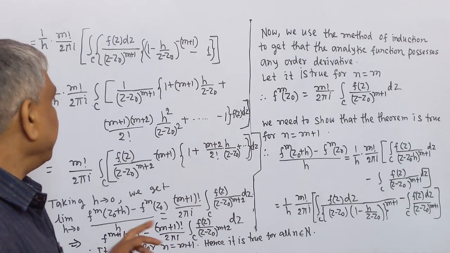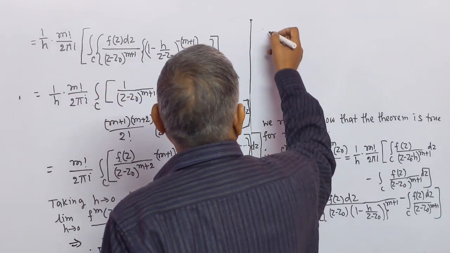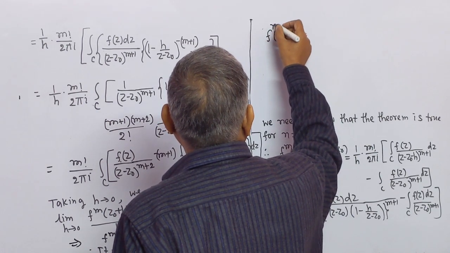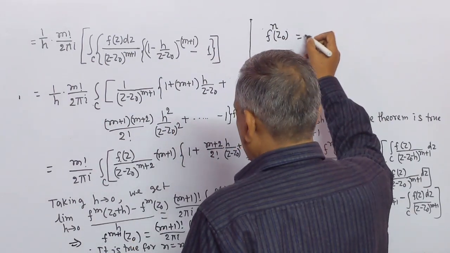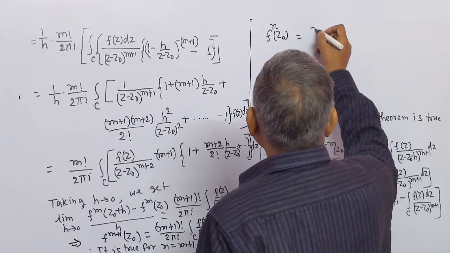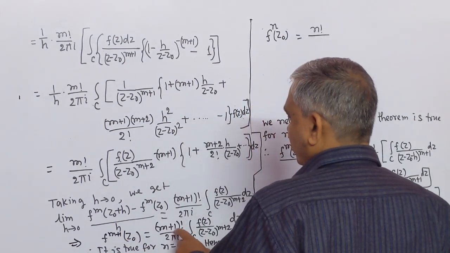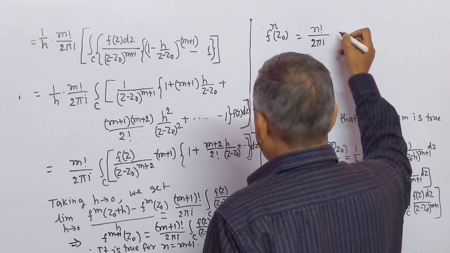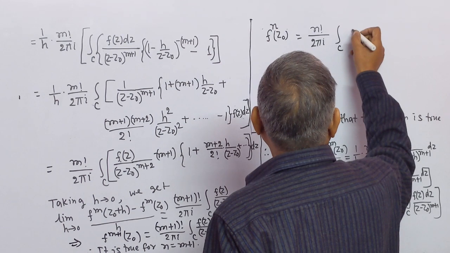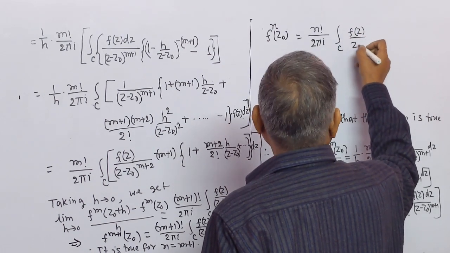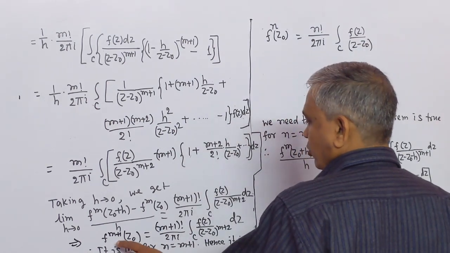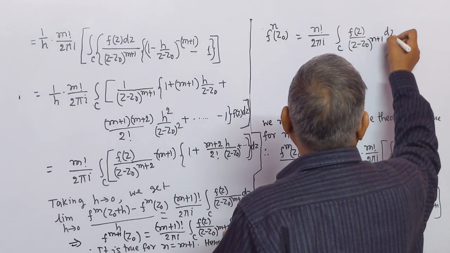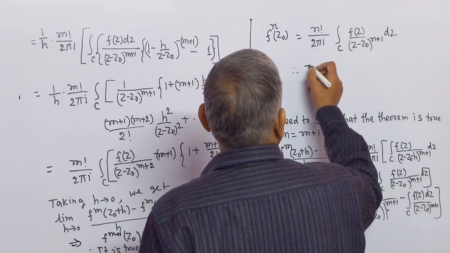Here, in place of m plus 1, if we write n, we get the nth order derivative of f(z) at the point z0 equal to factorial n by 2 pi i times the integral along the curve C of f(z) by (z minus z0) to the power n plus 1 dz. Therefore, the theorem is proved.